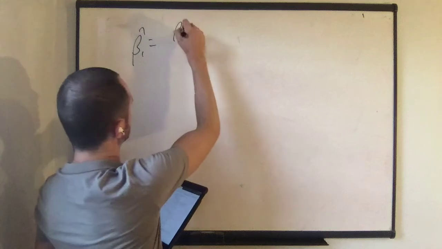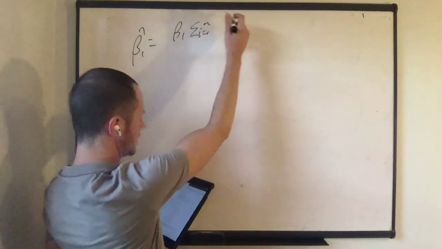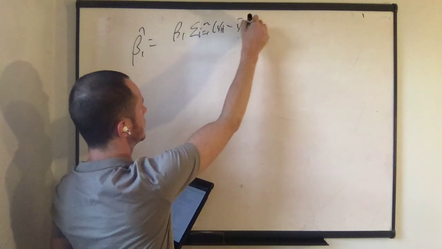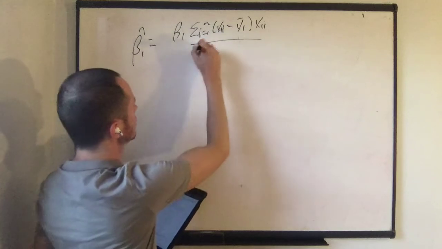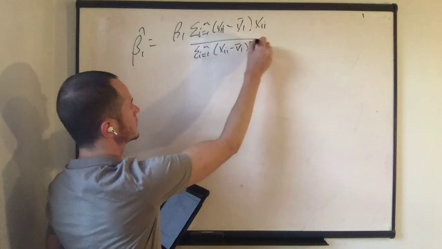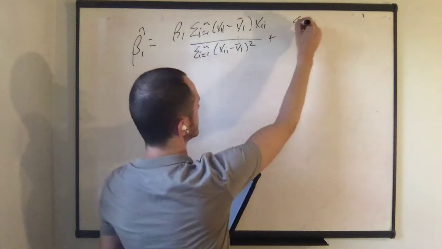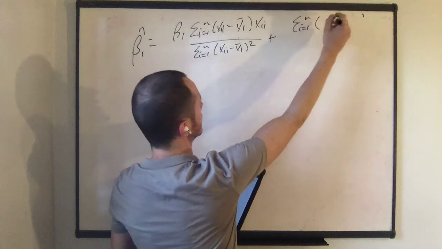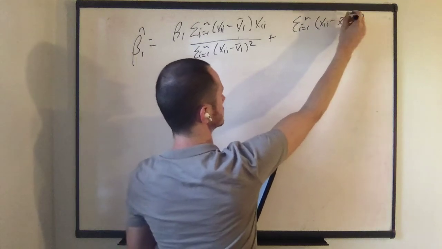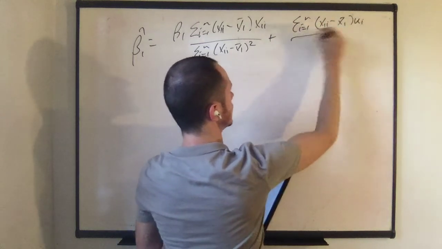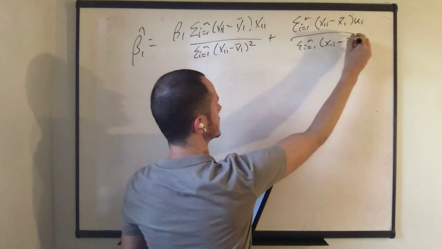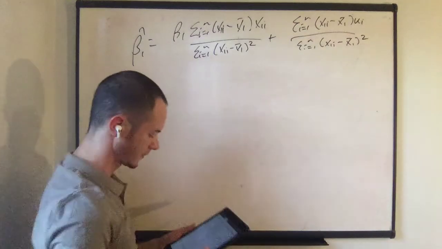And then we're left with beta 1 times the sum from i equals 1 to n of (x1i minus x1 bar) times x1i, all over the sum from i equals 1 to n of (x1i minus x1 bar) squared, plus the sum from i equals 1 to n of (x1i minus x1 bar) times ui, all over the sum from i equals 1 to n of (x1i minus x1 bar) squared.